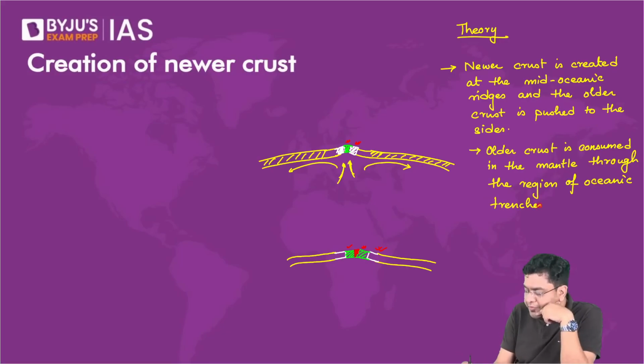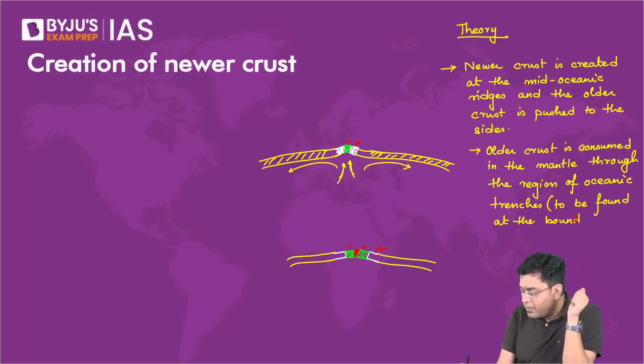Where are the trenches to be found? He said, it is not what I am saying. What he said is that trenches are to be found at the boundary of continents and oceans.